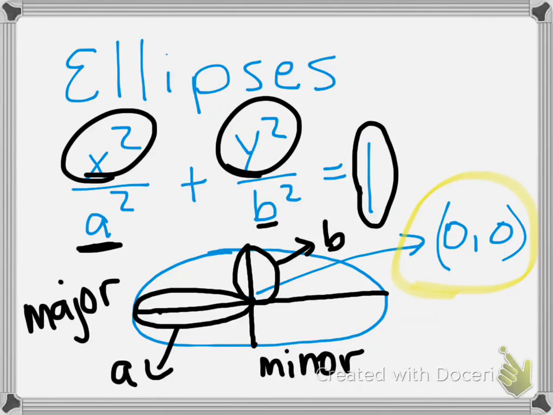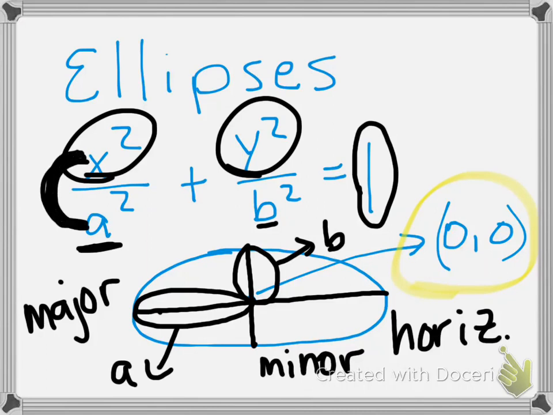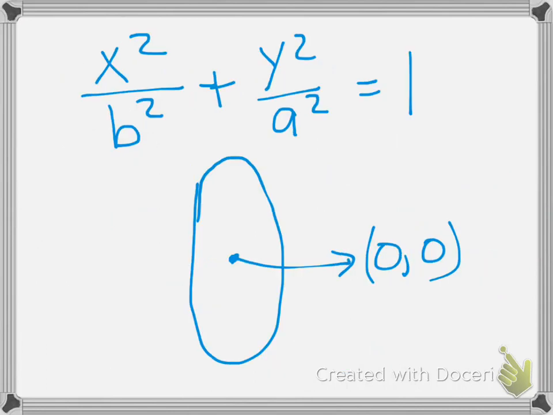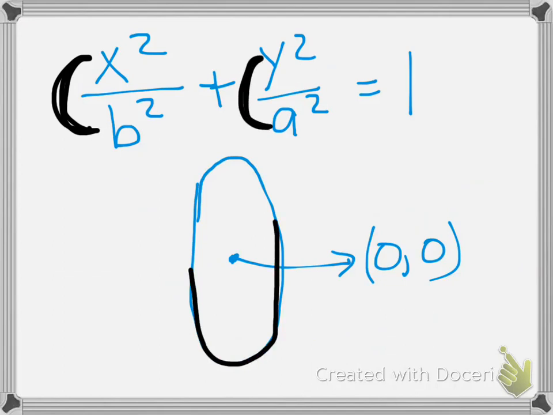So this ellipse is horizontal because it goes sideways, as you can see. And so the X squared and the A squared are in the same fraction. If I switch it and put the X squared with the B squared and the Y squared with the A squared, then you can tell that this now is a vertical ellipse.